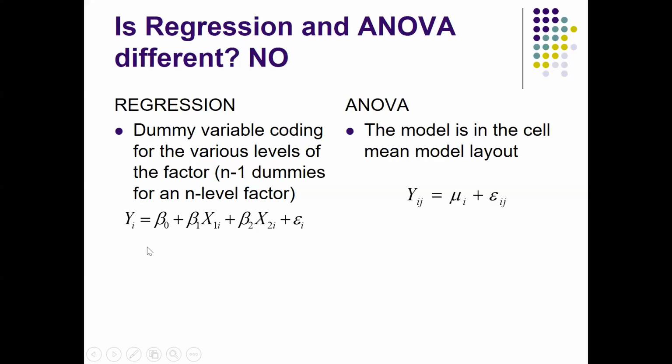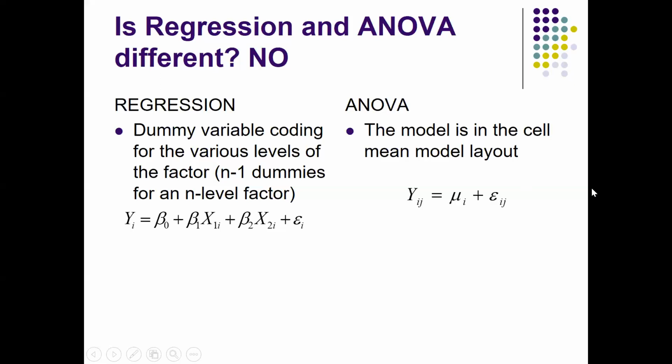The ANOVA model, I kind of like this layout a little more because really what we're interested in is the mean per level. And so what you guys see here is this becomes double subscripts, ij. So this is the jth person in the ith level of the factor. This represents the mean for the ith level. And then this is the error for the jth person in the ith level.